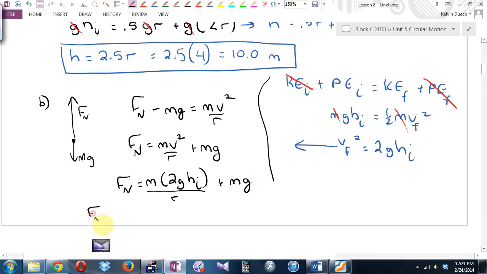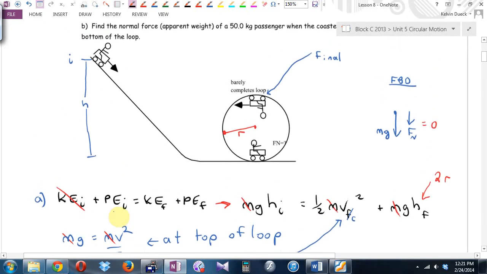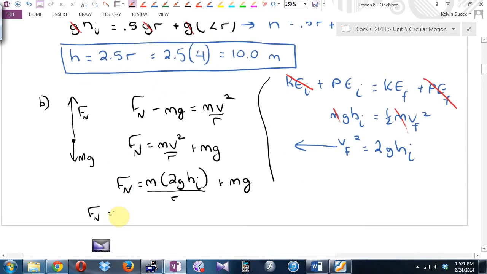Let's see, the normal force is going to be, what did I say the mass was? 50? Okay. 50 times 2 times 9.8 times, we just figured out my minimum safe initial height is 10, over, what was the radius, Curtis? 4, plus 50 times 9.8.